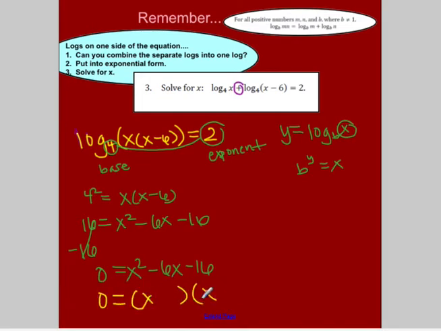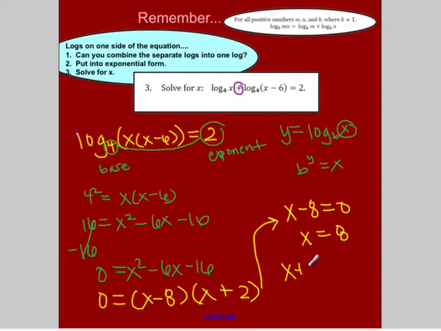So what multiplies to negative 16 but adds to negative 6? Negative 8 times 2 will give me negative 16. Okay, and if I add them, I get negative 6. Now my last step, set each one equal to 0 and solve. So I have x minus 8 is equal to 0, so I have x equals 8. And then I have x plus 2 is equal to 0. I would subtract 2 from both sides, so x is equal to negative 2.